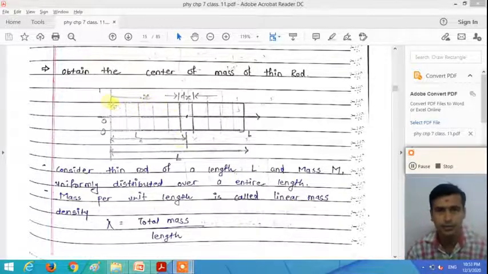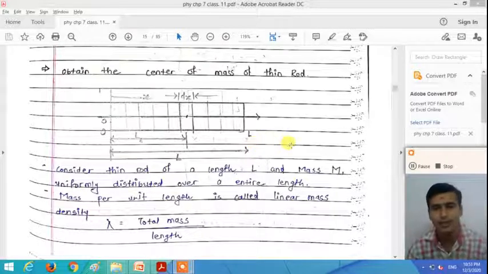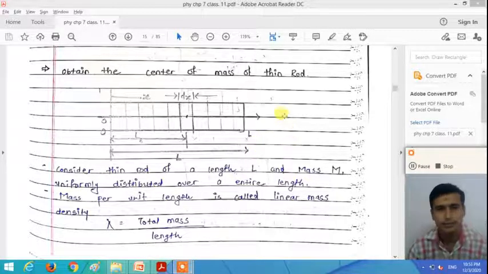The mass of the thin rod is capital M and the length is L.